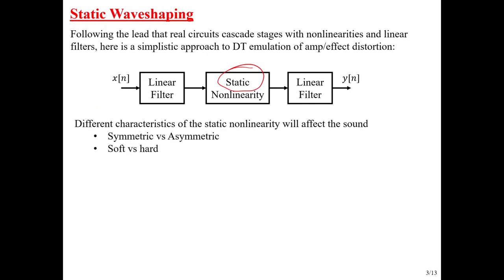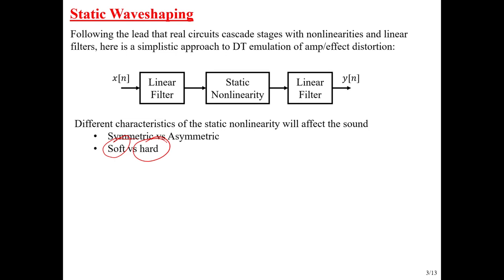So this static nonlinearity needs to have some sort of shape to it. And so there can be symmetric nonlinearities and asymmetric. We'll see examples of each of those in subsequent slides. And those nonlinearities can be soft versus hard. So a soft nonlinearity just kind of smoothly bends away from a line. And the hard nonlinearity is just like hard clipping.